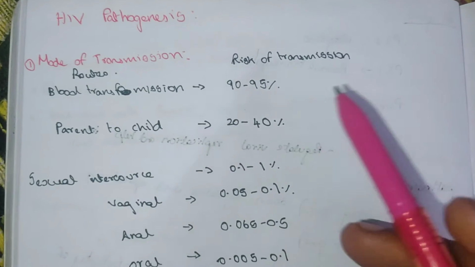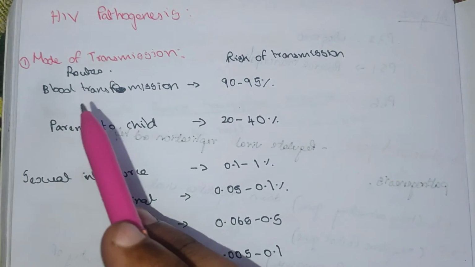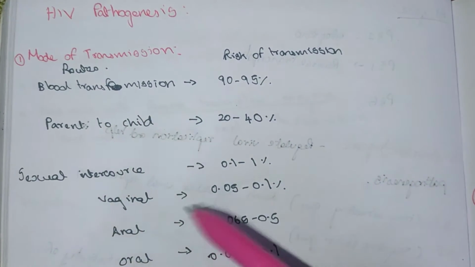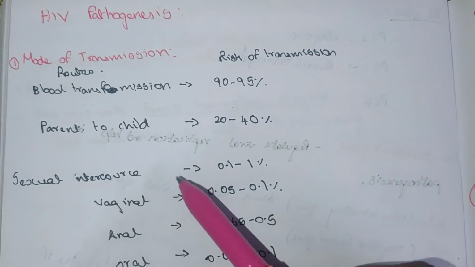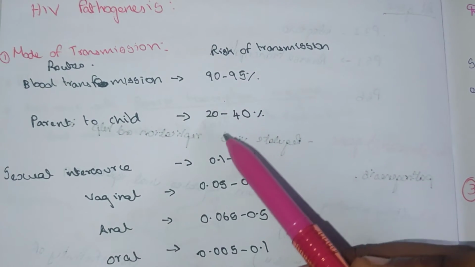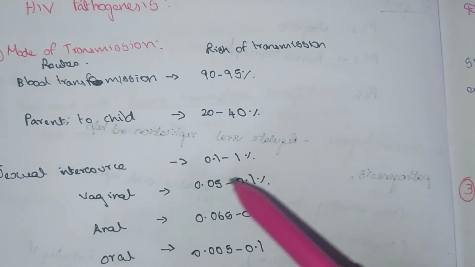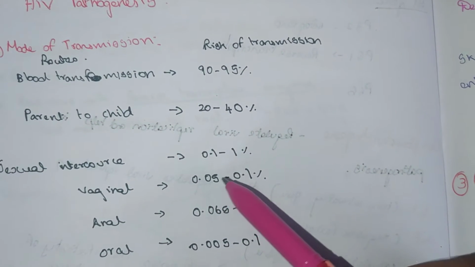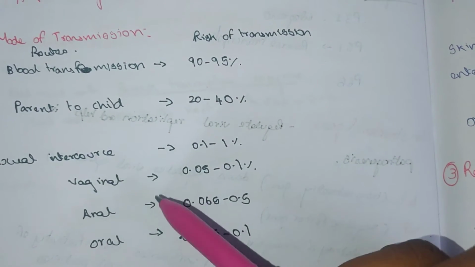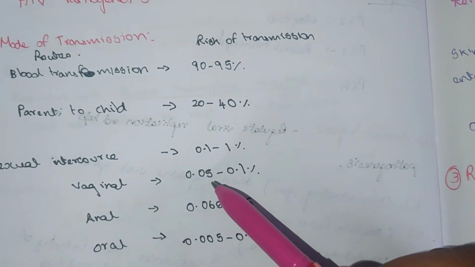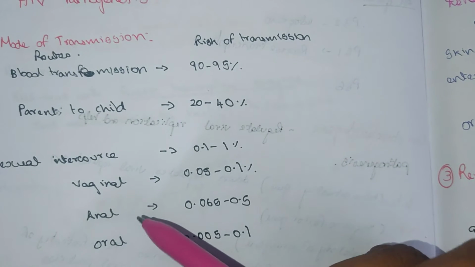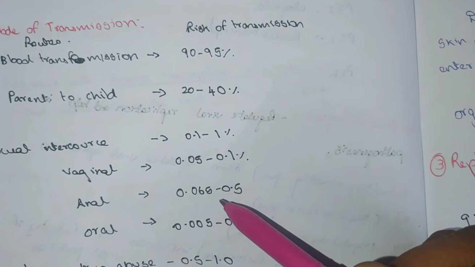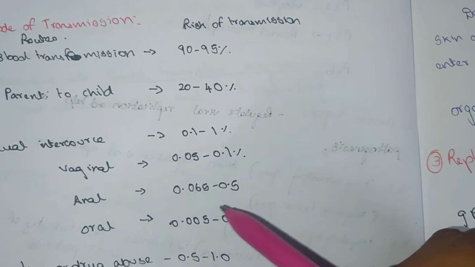The risk of transmission due to blood transfusion is 90 to 95%. Parent to child is 20 to 40%. Sexual intercourse is 0.1 to 1%. Vaginal sex is 0.05 to 0.1%. Anal sex is 0.65 to 0.5%.